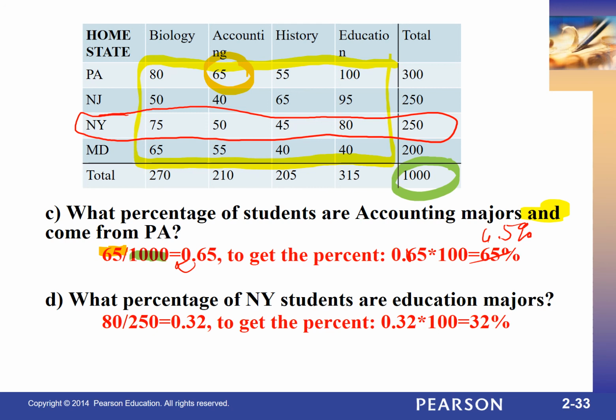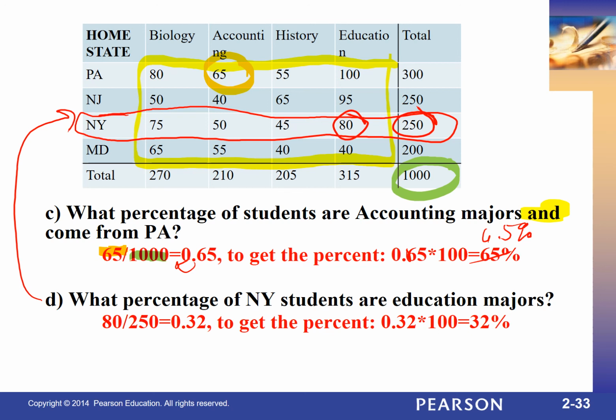So I'm only looking amongst this specific row because I'm looking under the condition that my student is from New York. Since that is the condition I'm using, the total I'm going to be using is 250 because that's the total for New York students. And out of those New York students, only 80 of them are in education. That's where the 80 is coming from. So be careful when you're looking at this, ask yourself, what am I totaling out of? Because that will affect how you're doing your calculations.